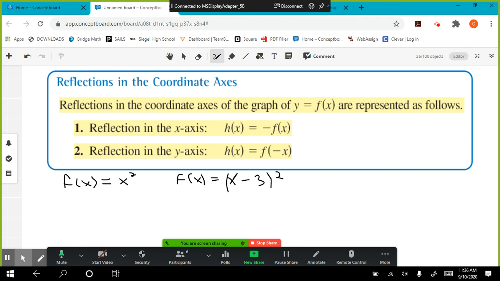All right, now if I put a negative out here, out in front of that, I'm changing the whole function value to negative, and it's going to flip it. It's going to make it upside down. So let me just show you that.